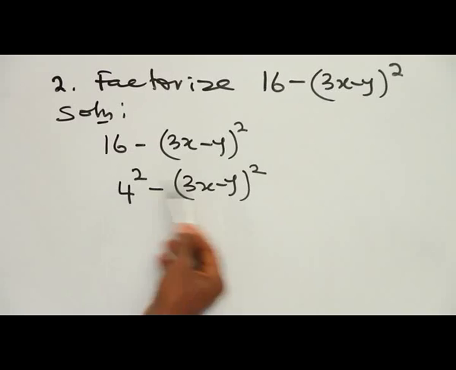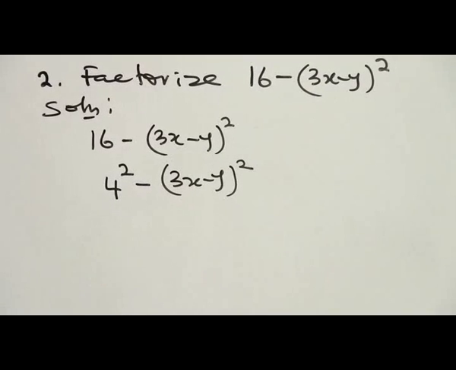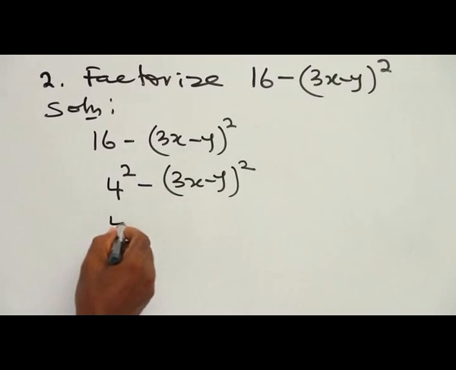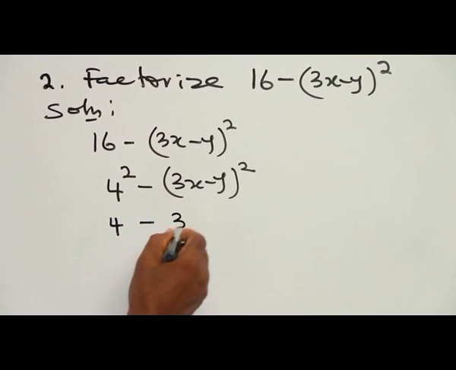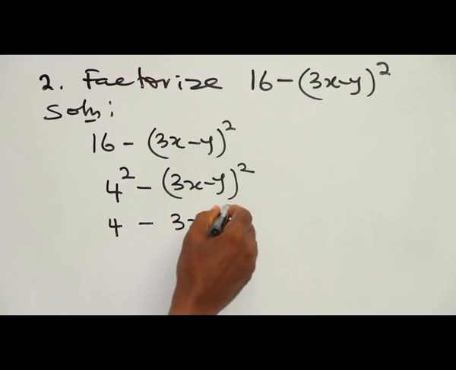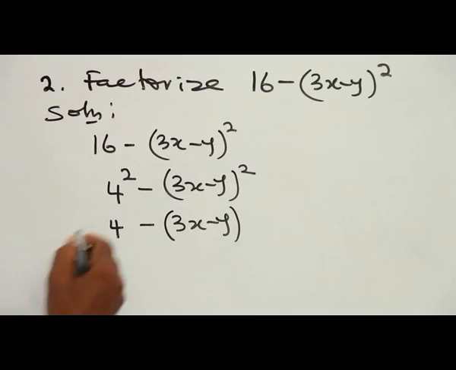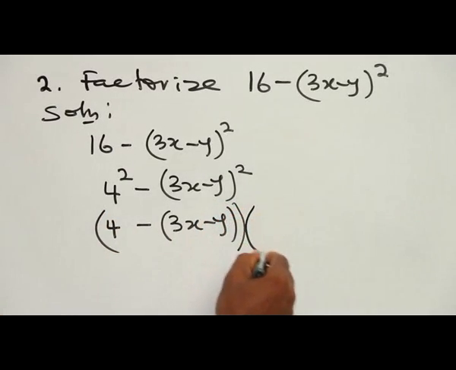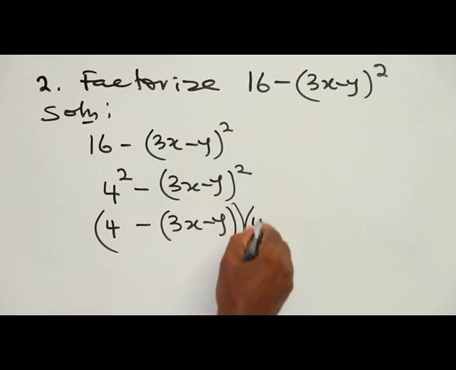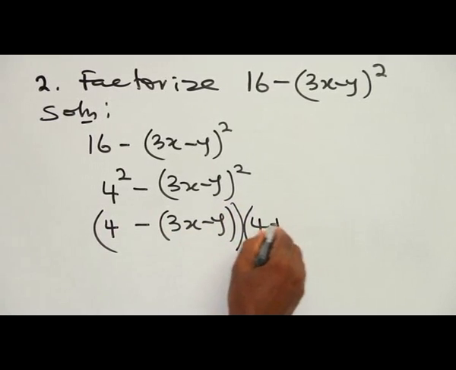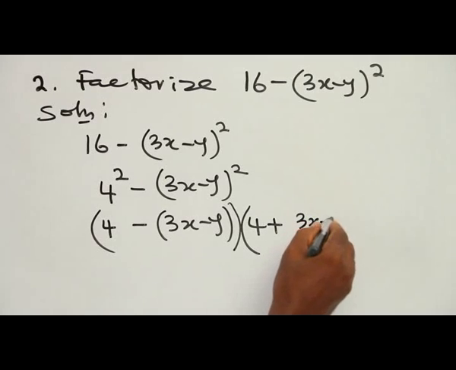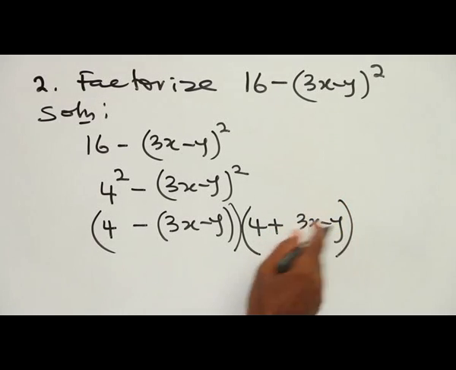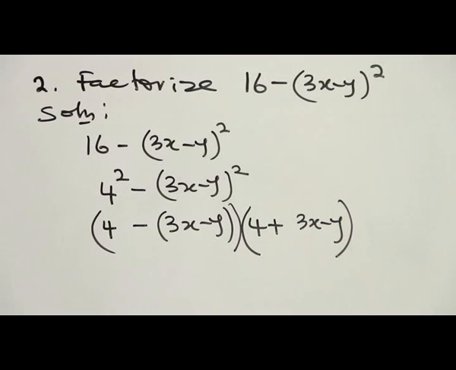So since both of them are squared, then we are looking at the difference of two squares, which becomes 4 minus 3s minus y. Make sure you put this in bracket, and then you have to put everything in bracket. Again, you take this, your 4, instead of minus now, becomes plus 3s minus y. You do not need to put this one in bracket because the positive sign, as I said earlier, will not affect anything there.